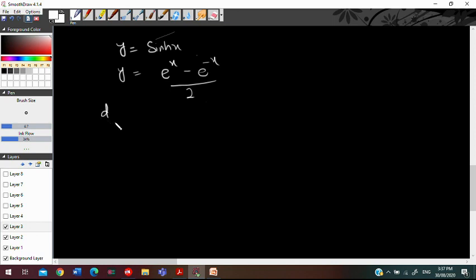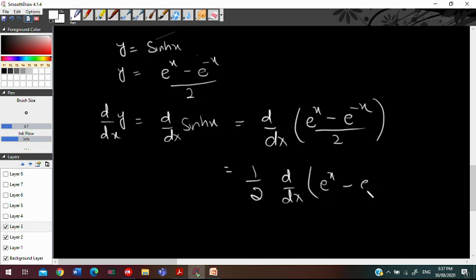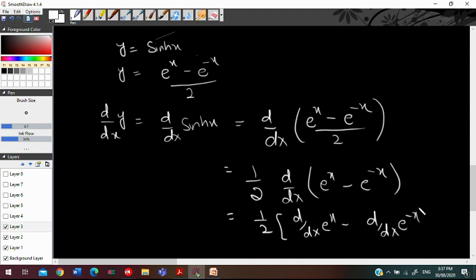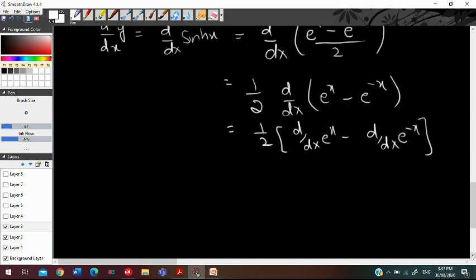When you apply the derivative d by dx of y, or d by dx of sine hyperbolic of x, or d by dx of exponential of x minus exponential of minus x divided by 2, note that 1 by 2 is a constant, so we write it outside. There are two terms, so 1 by 2, and then d by dx of exponential of x minus d by dx of exponential of minus x. And you know how to calculate the derivative of an exponential function.